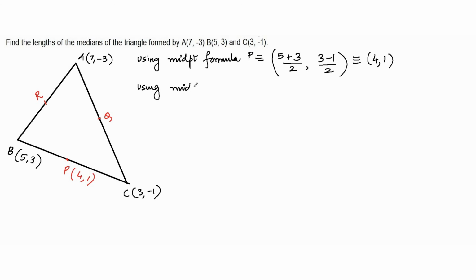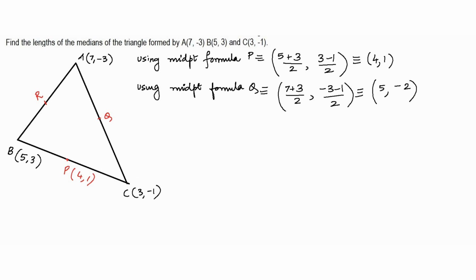So using midpoint formula, the coordinates of Q would be, so Q is the midpoint of A and C. So I would take the average of the x coordinates. So it would be 7 plus 3 by 2 and minus 3 minus 1 by 2, which is essentially going to be 10 by 2 is 5 and negative 4 by 2 is negative 2. Therefore, the coordinate of point Q is 5, minus 2.